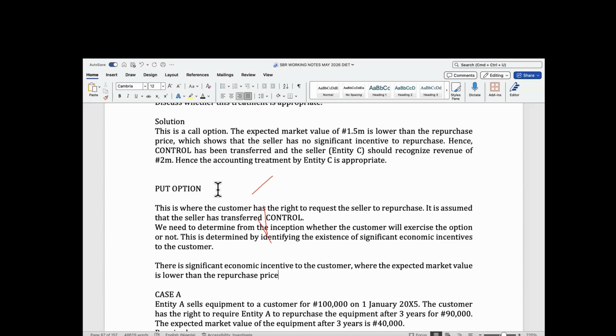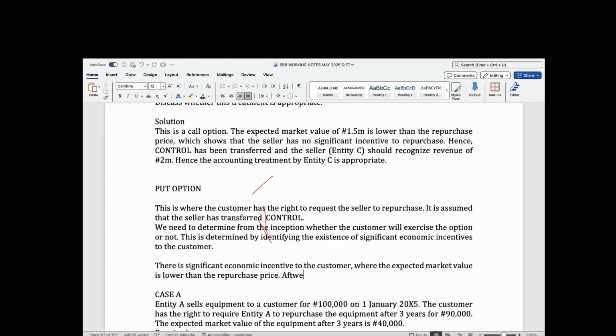Something that in the market is 20 naira, somebody says he wants to give you 15 naira. You jump at it, because it pays you as a customer to release the asset and collect that money. So there is economic incentive where the expected market value is lower than the repurchase price.